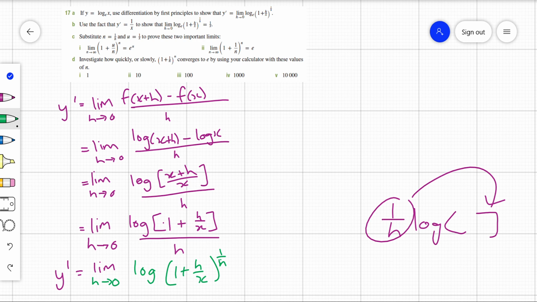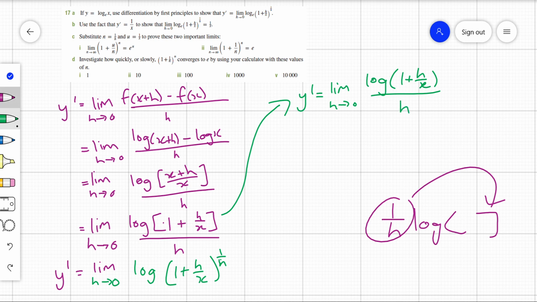And the other way, if we go from here, is y dash equals the limit as h goes to 0. Now, if we keep it as log of (1 plus h on x) here, on the bottom we've got h. What I can do though is times it by x, and divide it by x at the same time.